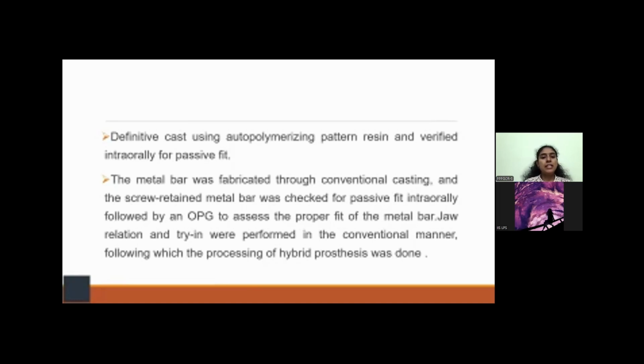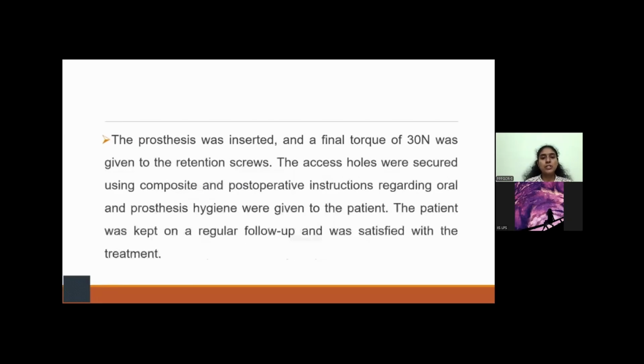Jaw relation and teeth arrangement were performed in the conventional manner, following which processing of the hybrid prosthesis was done. The prosthesis was inserted and a final torque of 30 N was given to the retention screws. The access holes were sealed using composite, and postoperative instructions regarding oral prosthesis hygiene were given. These are the postoperative images of the insertion.